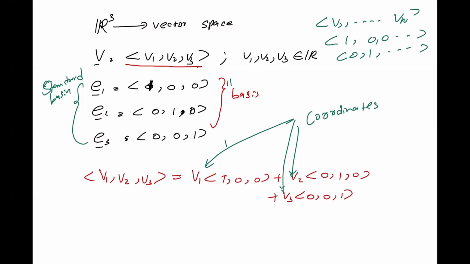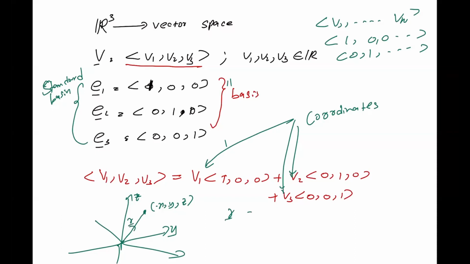That's what we use. Let's say I take my 3D coordinates, x, y, z. If I take any point x, y, z, I can treat it as a position vector, let's say r, and write r equals x, y, z.